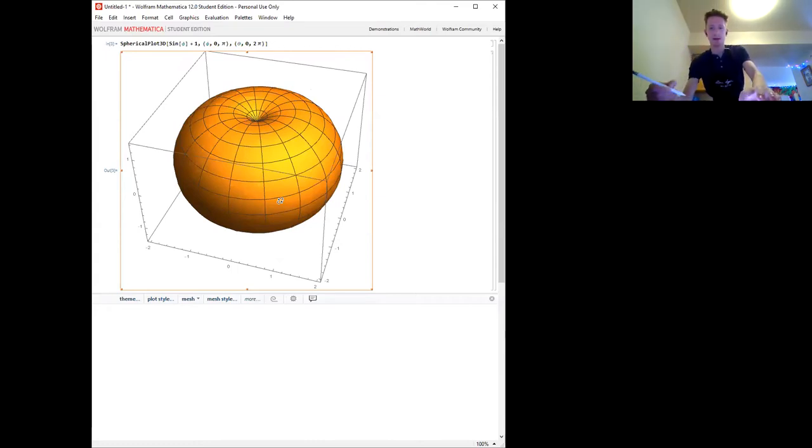Okay. What if I were to modify this? Let's say I were to do, this might be a little tricky. Try a different one. Rho equals cosine phi plus 1. Any thoughts for what that's going to be like?